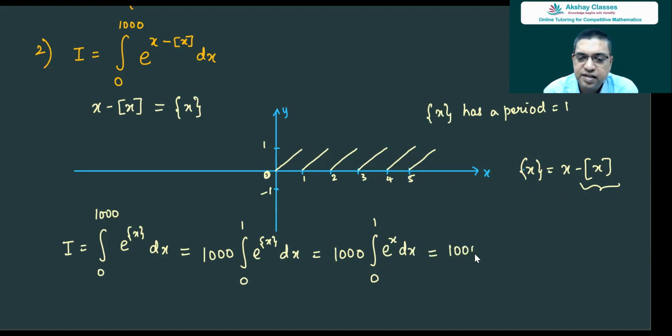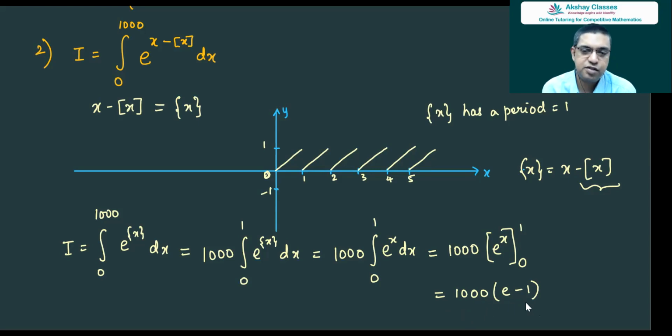So now when we integrate e power x, it is e power x. Now you apply the limits from 0 to 1. So we get e power 1 minus e power 0. E power 0 is 1. So we get 1000 times e minus 1.